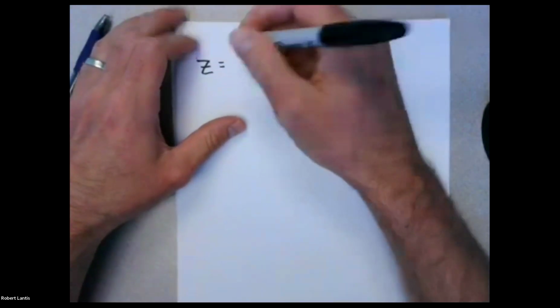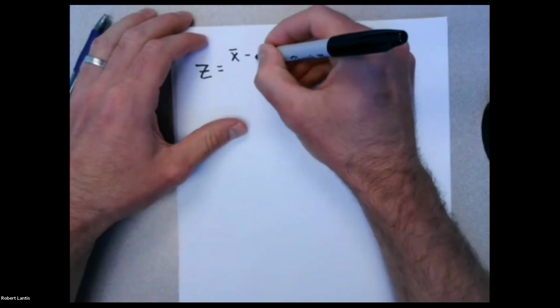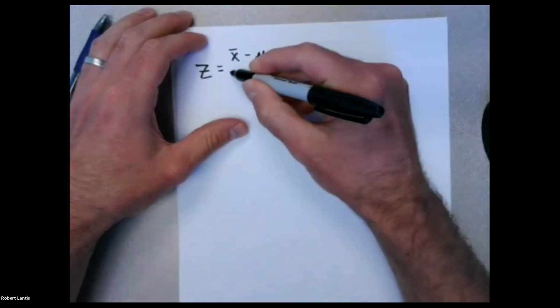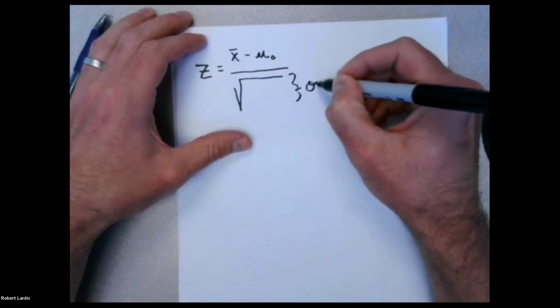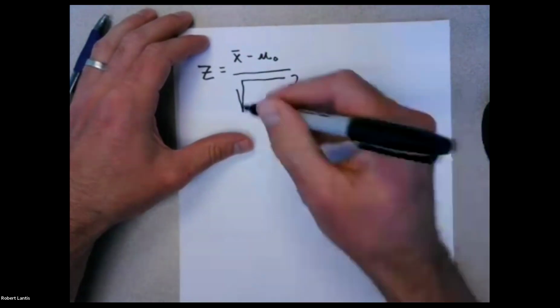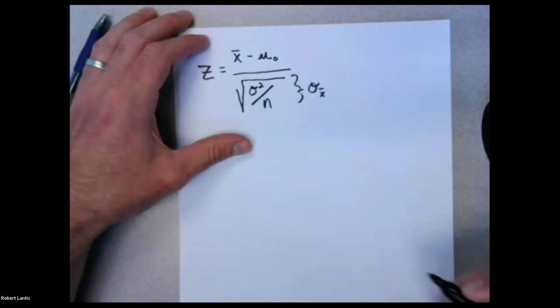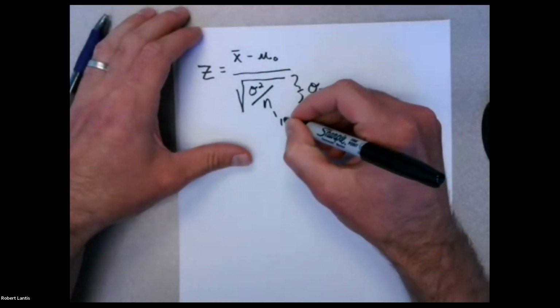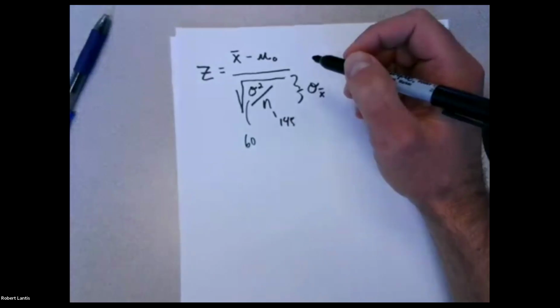The way we're going to do that for hypothesis testing is we'll take the sample mean value we found, subtract the assumed true mean, divide by the standard deviation of our sample means, which is simply the variance of the data we sampled from over our sample size. So I think we had 145. I think I gave you this was 60.